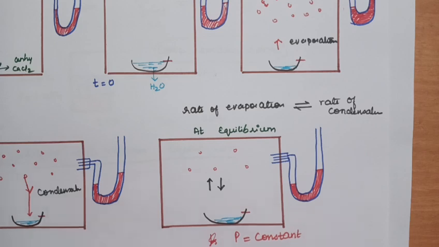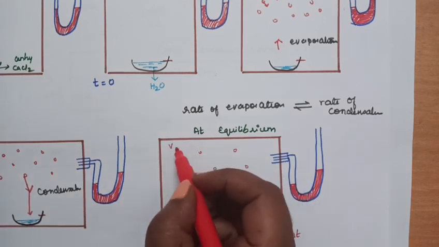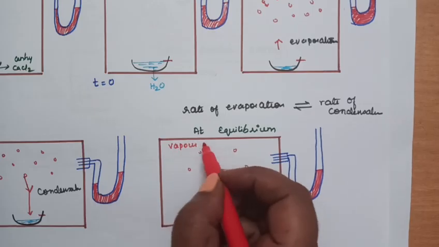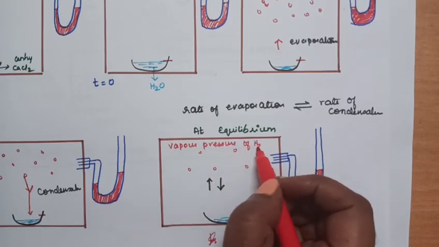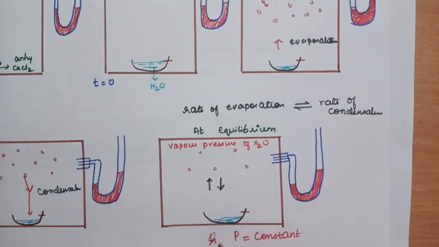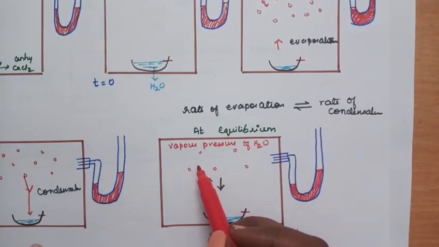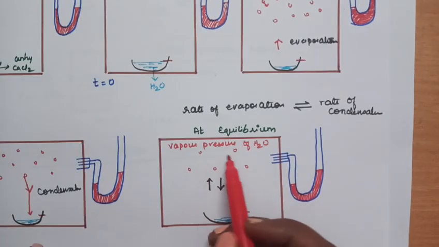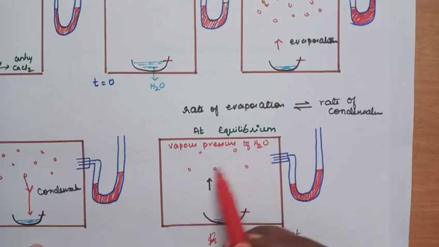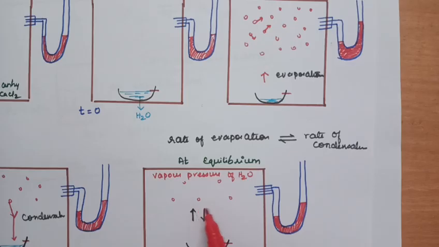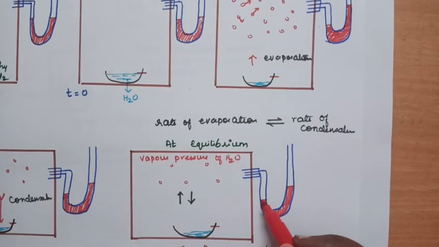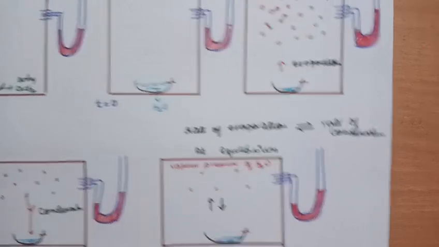of water. So the pressure which is exerted by water vapor is called the vapor pressure of water. Because the pressure is remaining constant, you can see the level of mercury becomes constant.